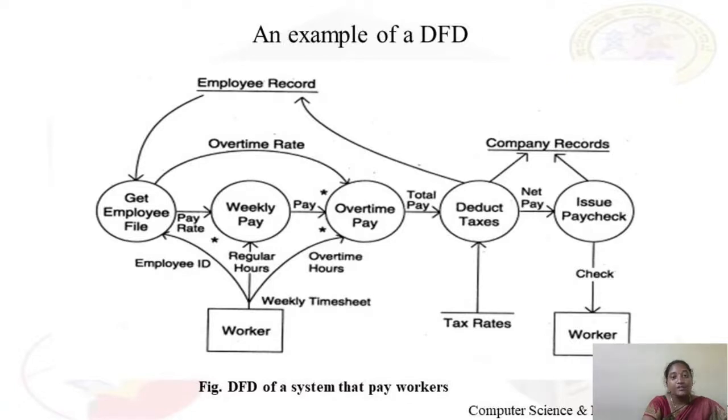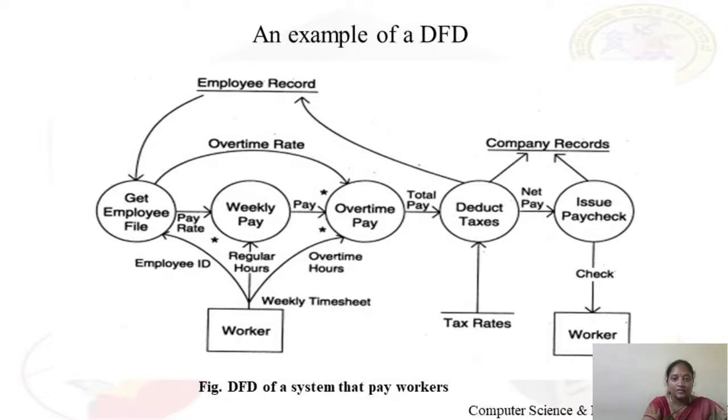Relationship describes how the entities interact. Students, remember that multiple data flows are represented by AND relationship. Similarly, for the process overtime pay, the data flows pay and overtime hours are required. So, asterisk is placed in between the data flows.